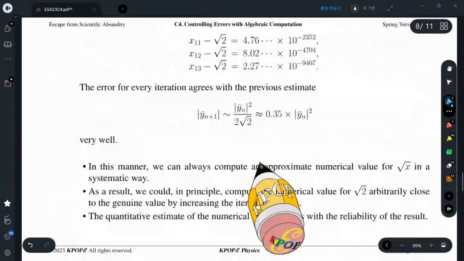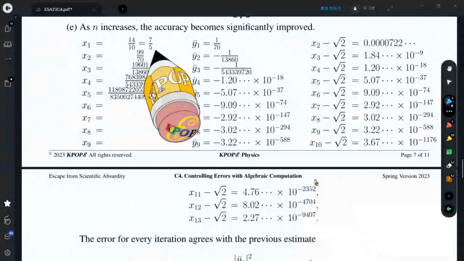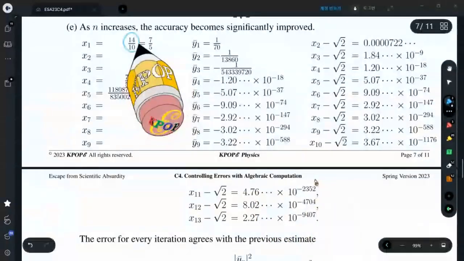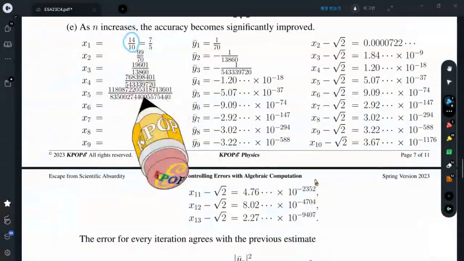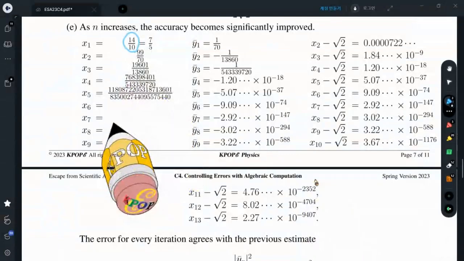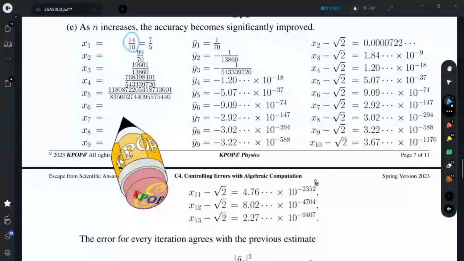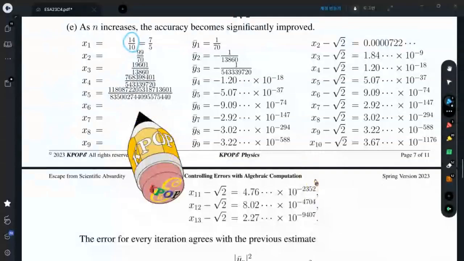So as you can see, step 1, we began with 1.4, and then step 2, 3, a very, very large number. From step 6 on, I can produce the number, but this paper is not wide enough to write them down.